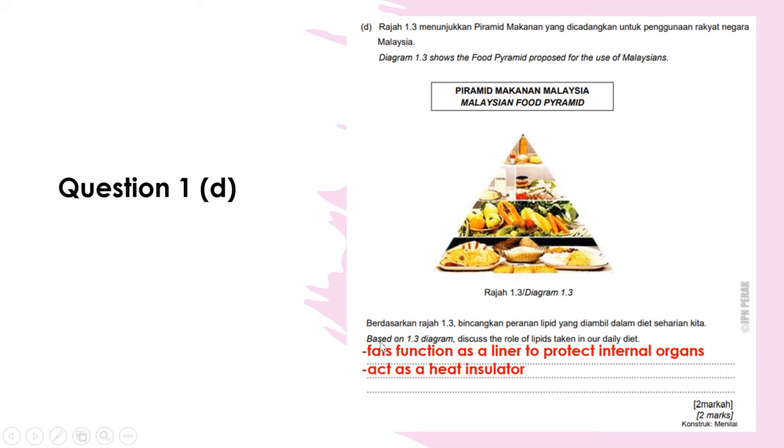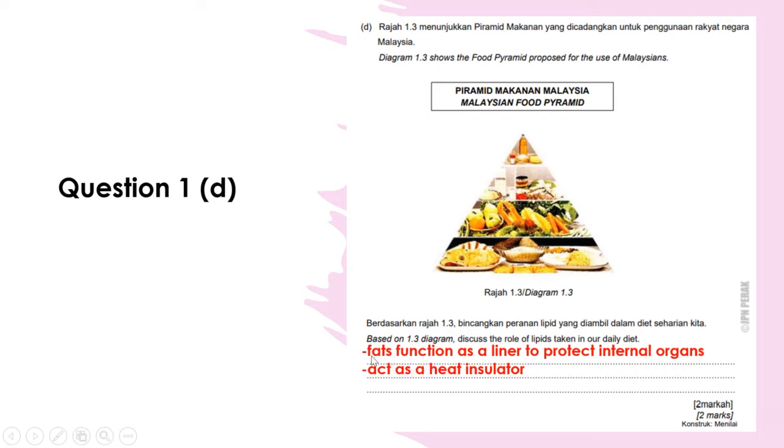Based on diagram 1.3, discuss the role of lipids taken in our daily diet. You have to underline here, you have to state the role of the lipids. What is the function of the lipids? Because of the 2 marks, you have to state 2 functions of the lipid.